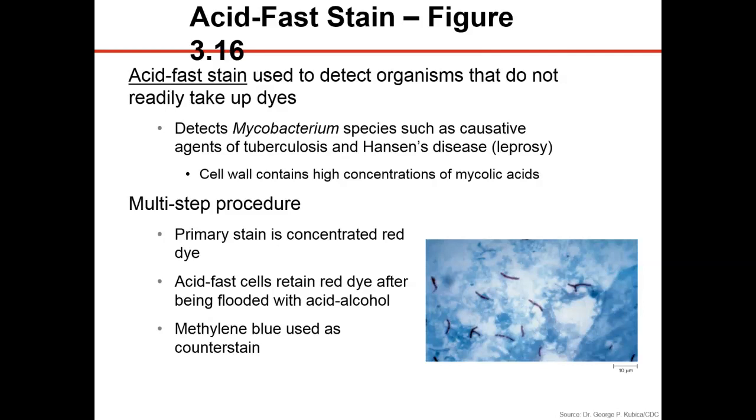It would not work. It would only tell you that you don't have Mycobacterium. But Mycobacterium contain certain organisms that cause some very bad diseases, including tuberculosis and leprosy. And for that reason, the stain technique is still very important.